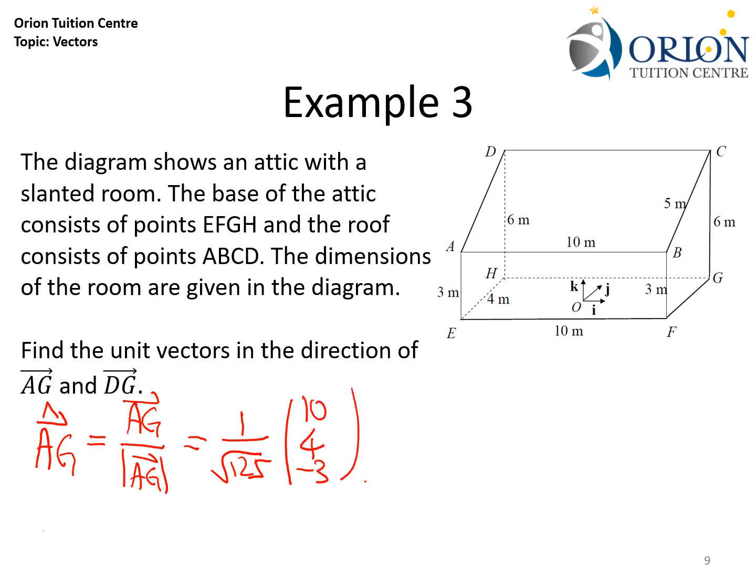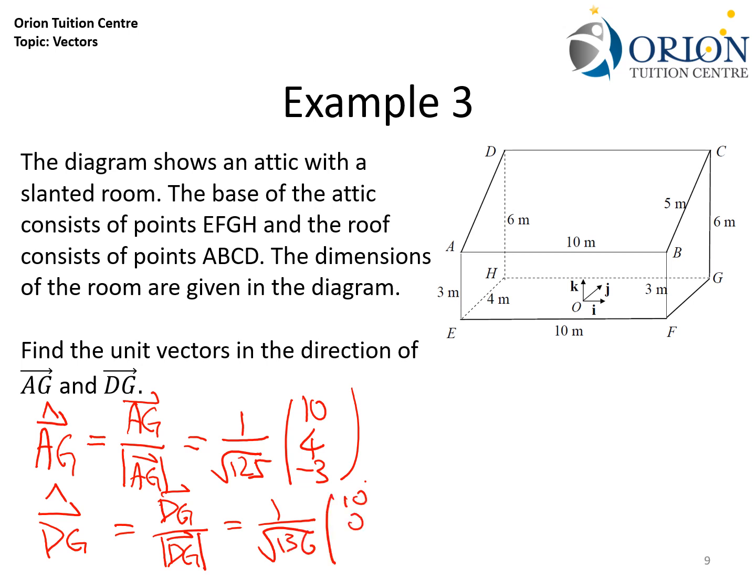And for vector DG, its unit vector can be written as vector DG divided by its length, which gives us 1 over square root 136 multiplied by 10, 0, negative 6.